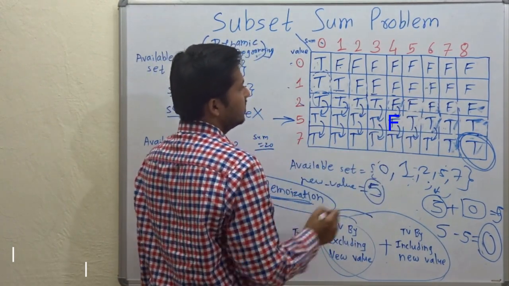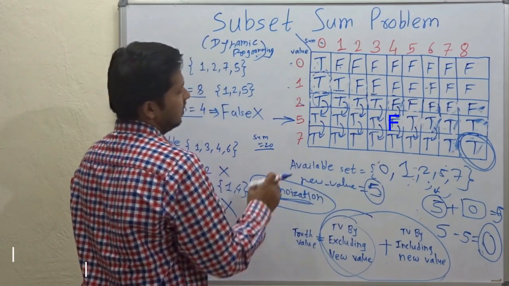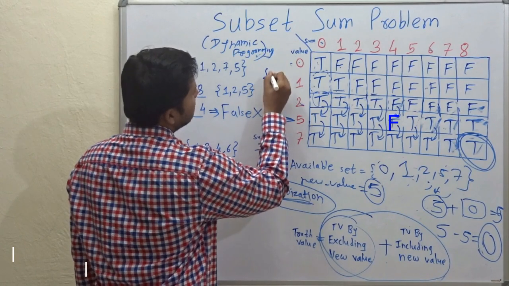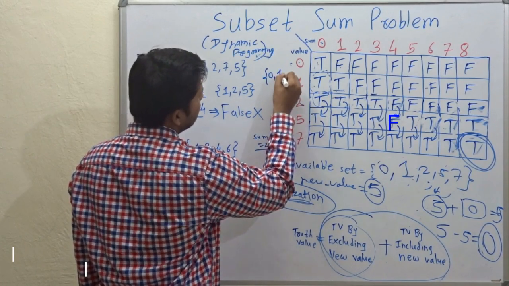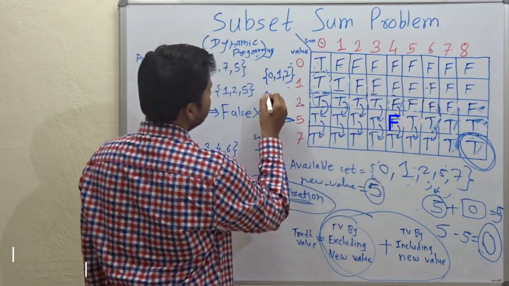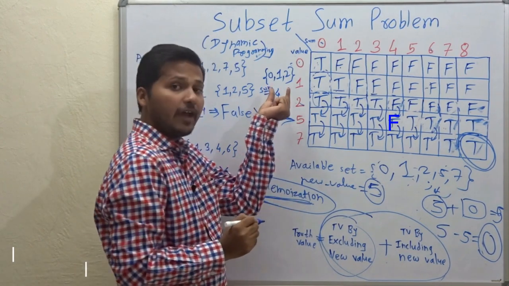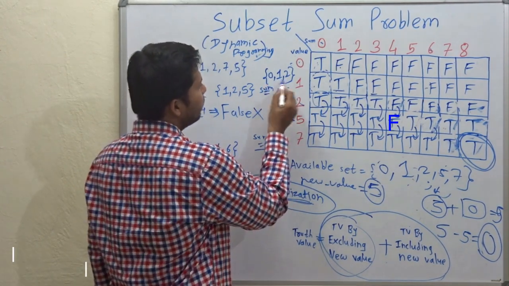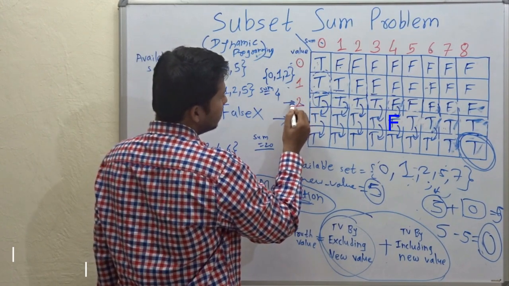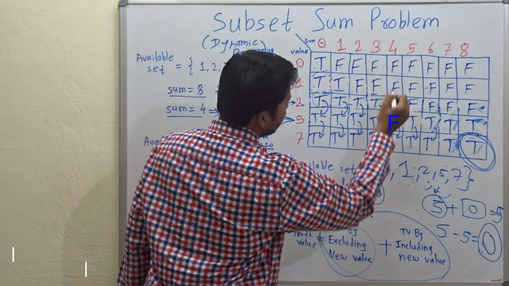Now suppose you are asked that by using a set, here I will write 0, 1 and 2, can you form 4? You just have to go for 0, 1, 2, go to the row of 2 and see the fourth column.